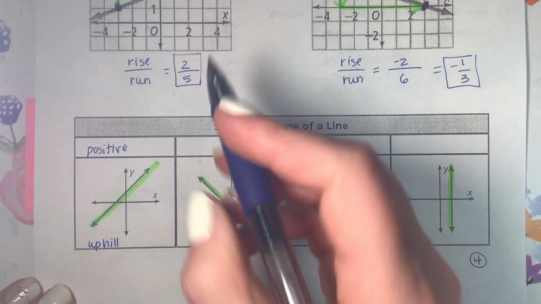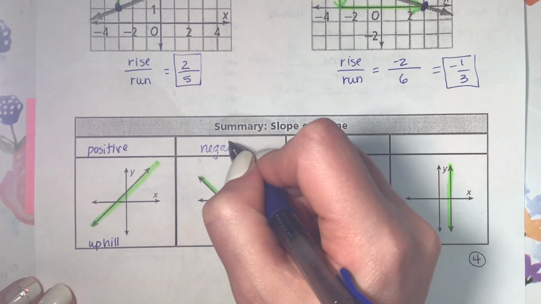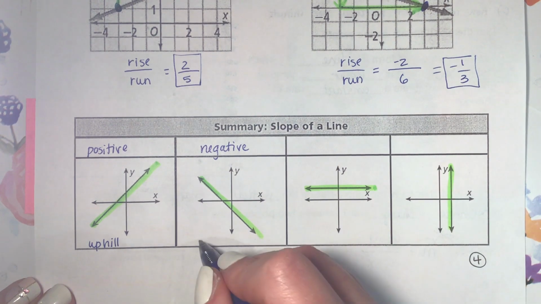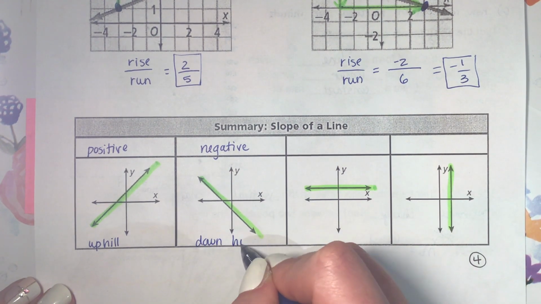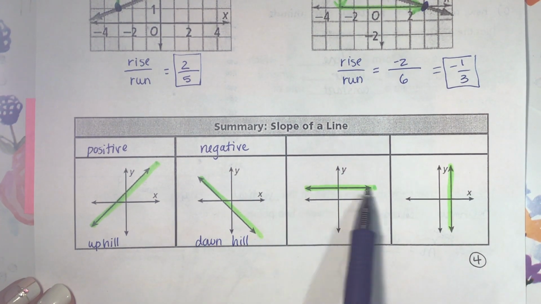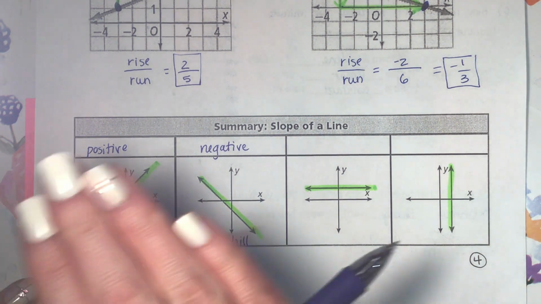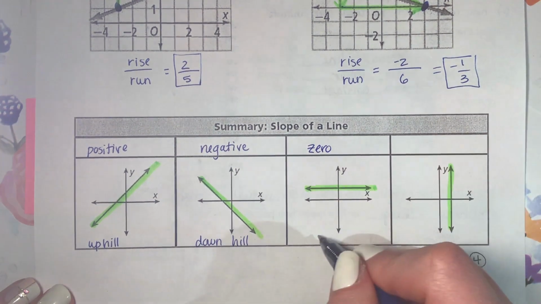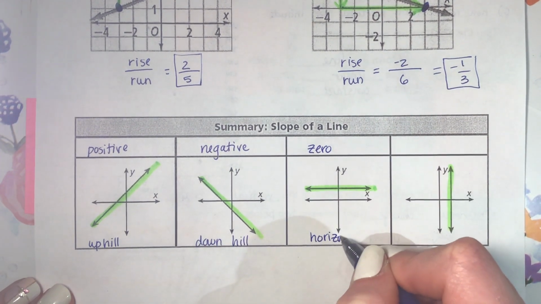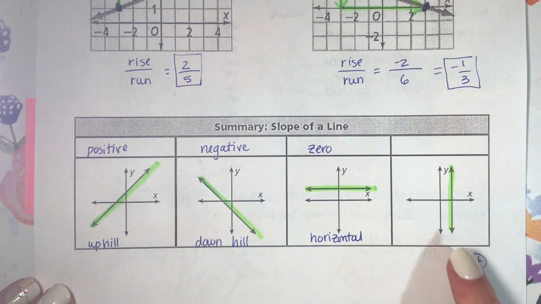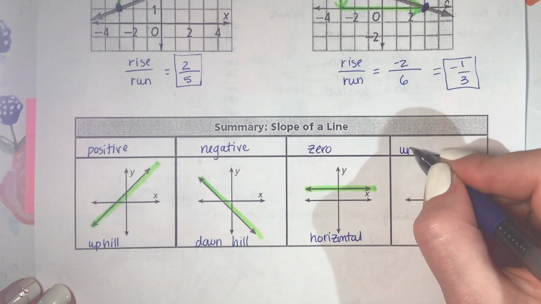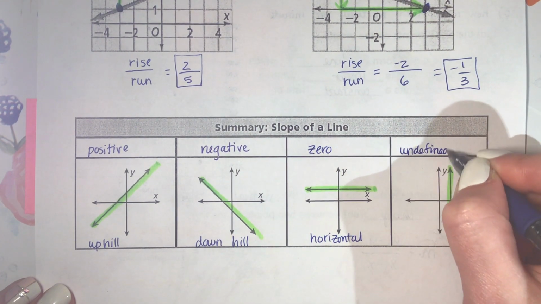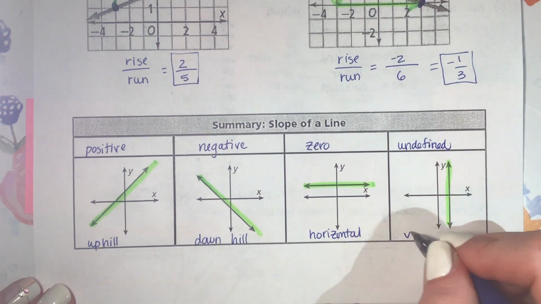A negative slope goes downhill. This right here is a 0 slope. You're not going uphill or downhill, you're just staying flat. So this is a 0 slope, which is horizontal. And this one is going to be undefined, which is vertical.